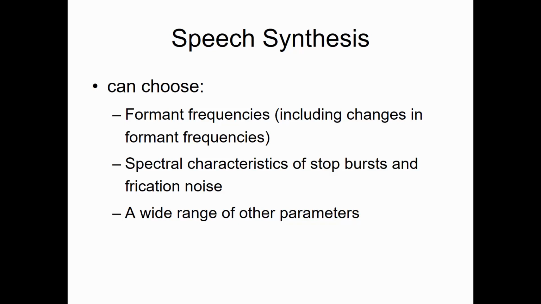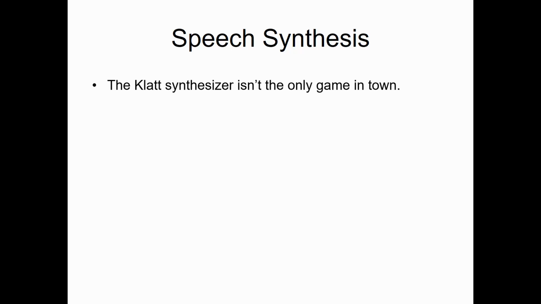So you could synthesize a vowel that was just a steady state ah by choosing F1, F2, F3, etc. values, or you could make ba by changing the formants so that you had the formant transitions that were appropriate for an initial bilabial. You can also make things that aren't vowels, so you can make little bits of aperiodic noise that mimic stop bursts and frication intervals. And you can choose lots of other parameters too.